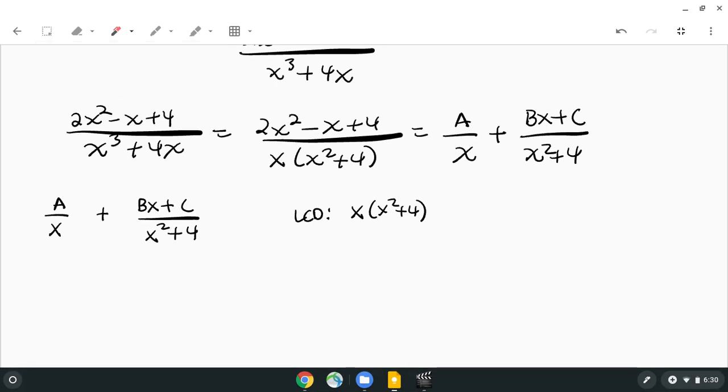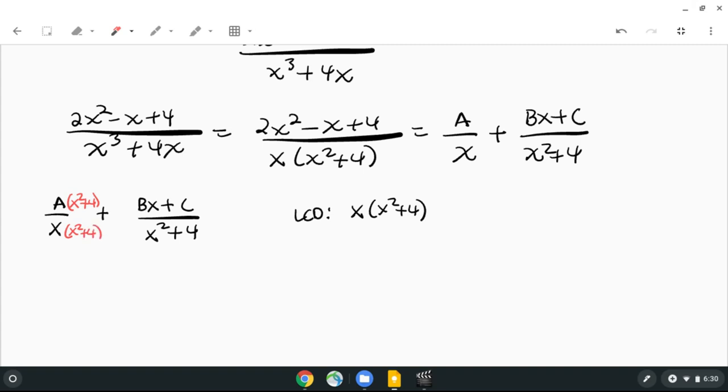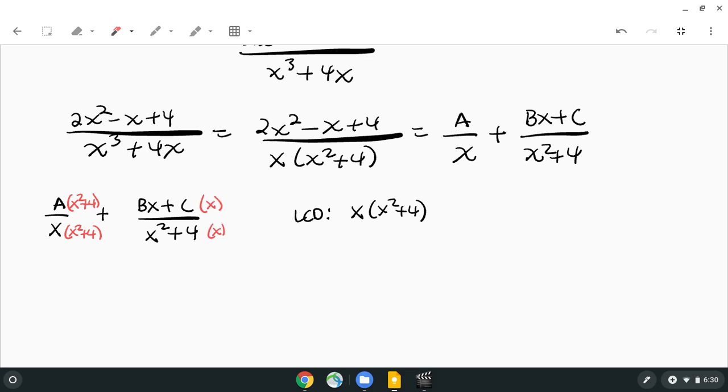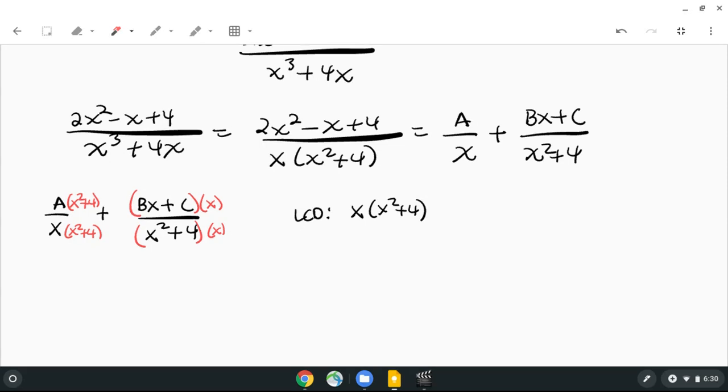So I need to multiply this by x squared plus 4 over x squared plus 4. I need to multiply this one by x over x. Okay, and I should have been doing this the whole time, but I wasn't. Maybe keep those all in parentheses so you remember to distribute. Okay, so I need to do that.